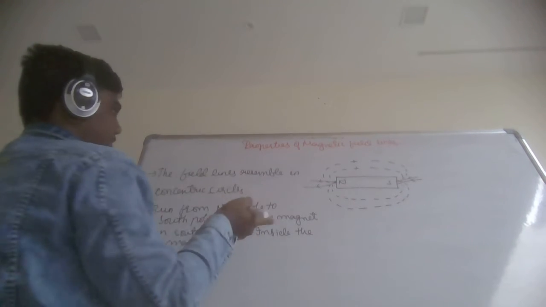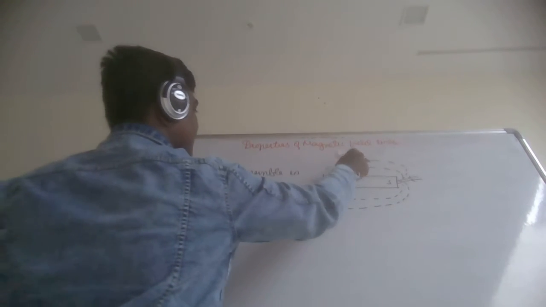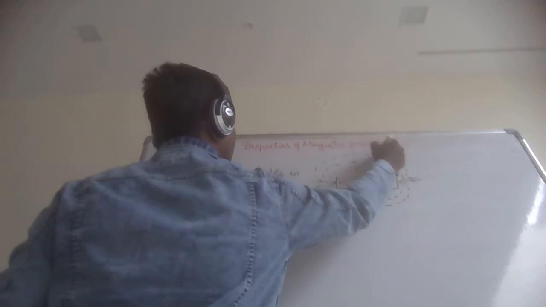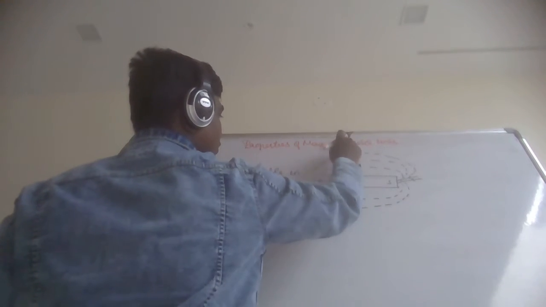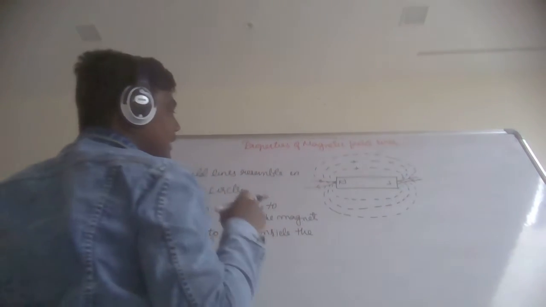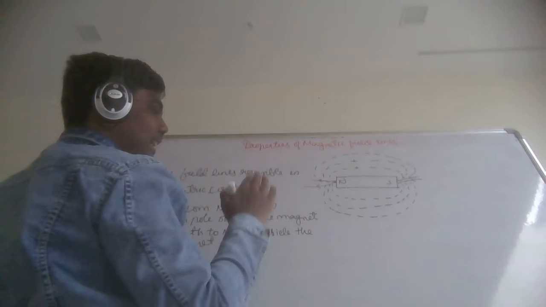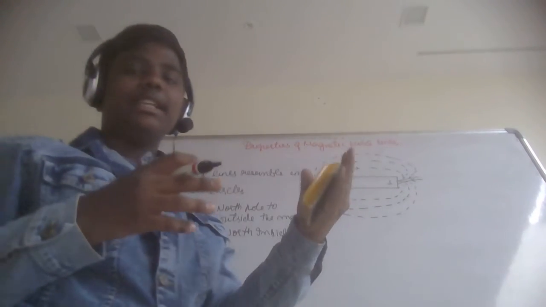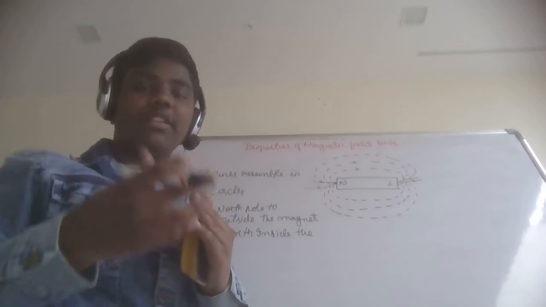Now next, the iron filings. These are loops. If the number of loops is more, can we say that the magnetic strength is also more? If there are more loops, it shows there is a greater amount of magnetic field generated.